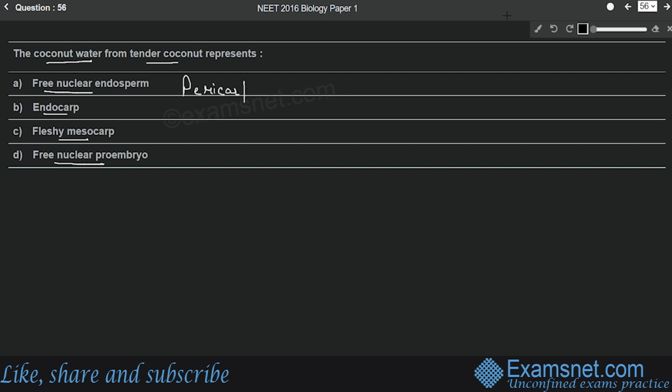Pericarp. So this is the outer covering. Now this covering consists of three layers. Outermost layer is known as epicarp. Okay. So outer layer of pericarp is known as epicarp or exocarp, and it is the smooth part, or simply you can say the coconut husk.